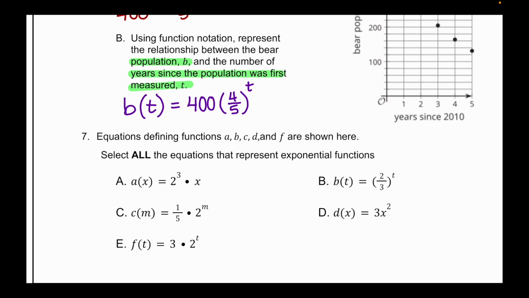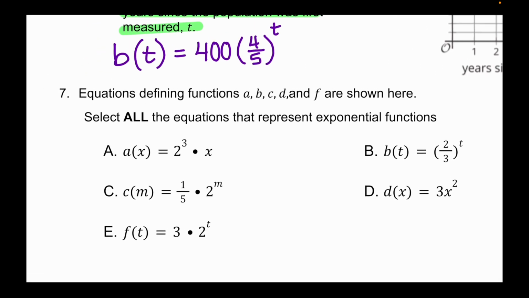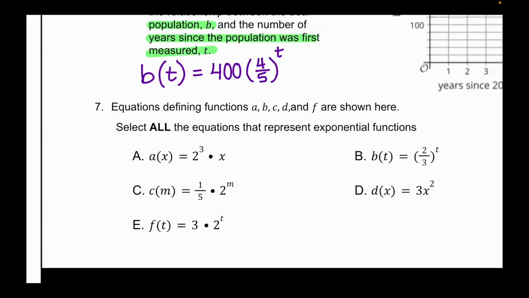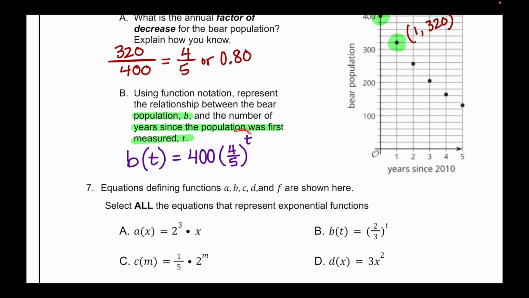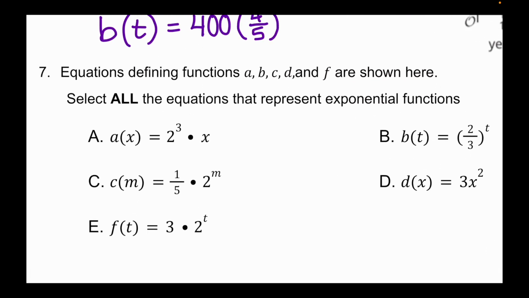The very last piece we're going to have here is also about exponential functions, but it just wants to know, based on these ones, which ones are exponential. So I'm going to have a couple options, but really what I'm looking for, and what I had mentioned in the previous one, is that in an exponential function, the exponent is your variable. So I want something that involves exponents, but I want the exponent to be a variable.